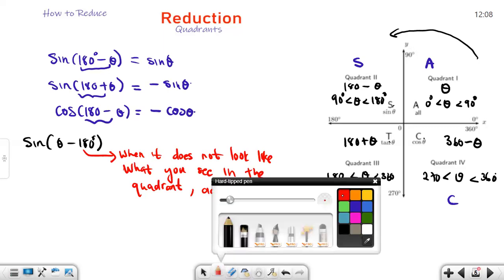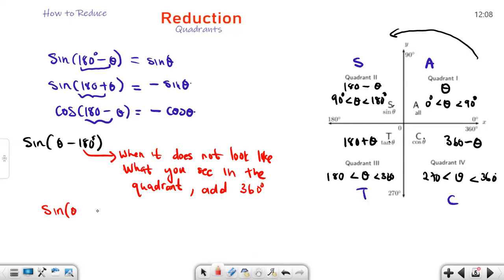So I have to add 360. Why am I adding 360? Sine of theta minus 180 plus 360 will be sine of theta plus 180.